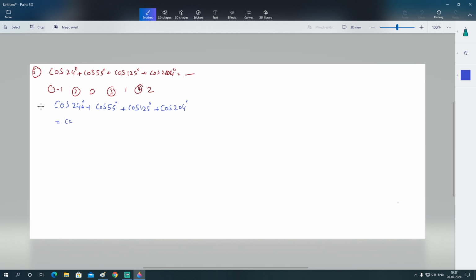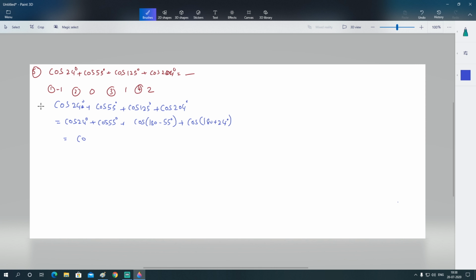That is equal to cos 24 degrees plus cos 55 degrees plus cos 125 degrees, which is written as cos of 180 minus 55 degrees, plus cos 204 degrees, which is cos of 180 plus 24 degrees.